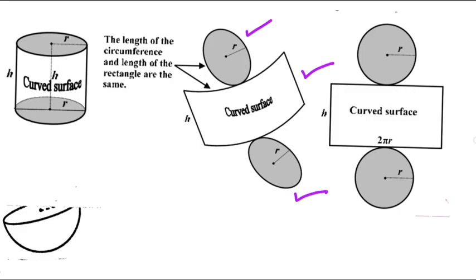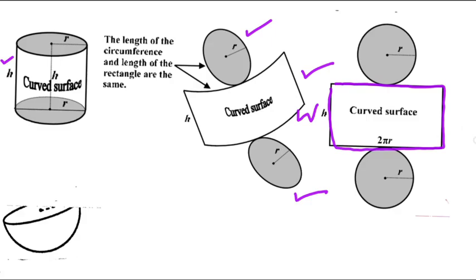The height of the cylinder, h, becomes the width of the rectangle. Height becomes width.